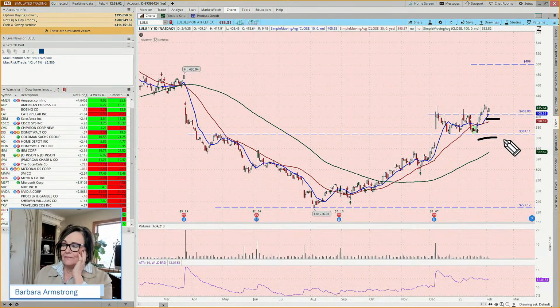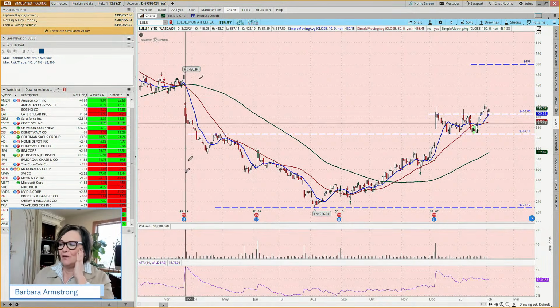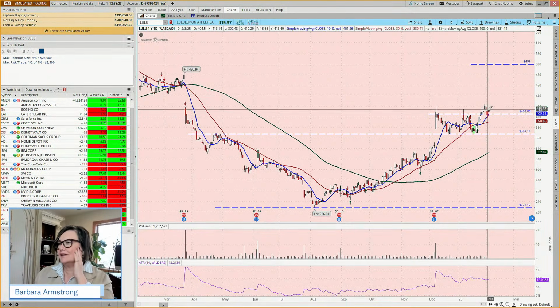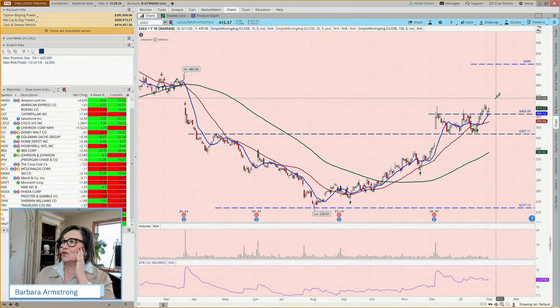Now, why would I even think about putting the stop lower? Well, if we have a stop at 356, which is below here, let's go to the option chain. Why am I going to the option chain if we're buying the stock? We're going to do an option trade on this as well, called a long call vertical.